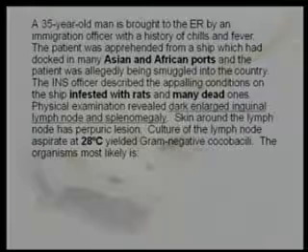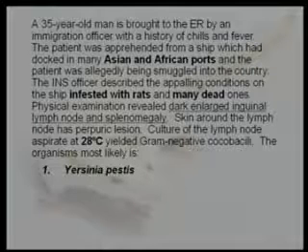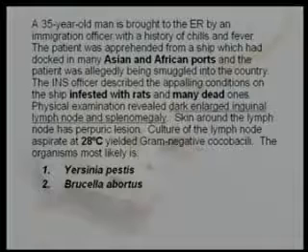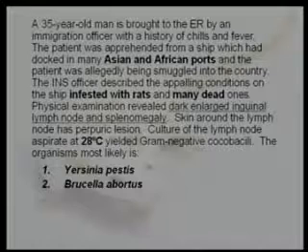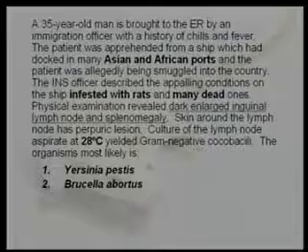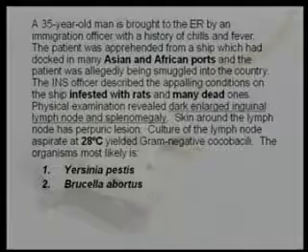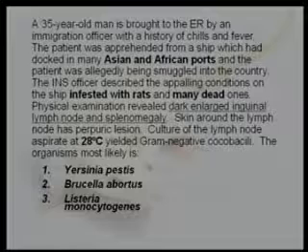The organism is most likely to be... That's the first thing you have got to recognize, what the organism is. Yersinia pestis, it could be. The other choice is Brucella abortus, lymphadenopathy. But their lymphadenopathy did not have this darkening or hemorrhage around the lymph node, and those were not just superficial lymph nodes. Listeria monocytogenes, an intracellular organism, will induce cell-mediated immunity.